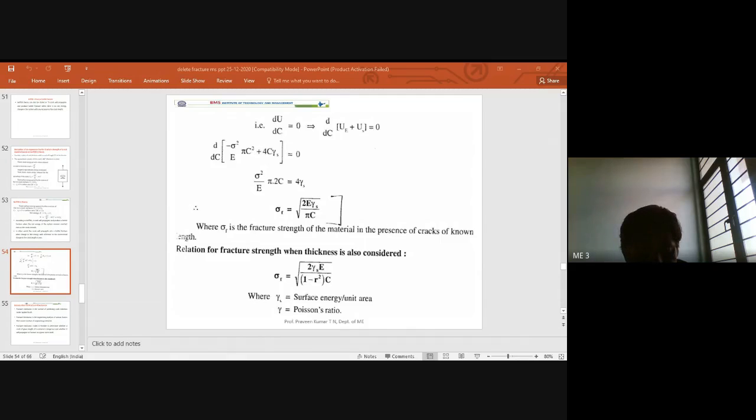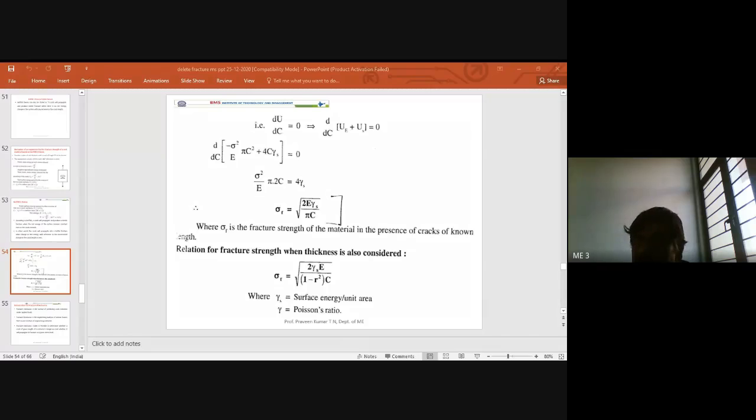Try to understand the basic concepts involved in fracture mechanics. One is surface energy, that is, how much energy is required to generate a new surface. Generating a new surface is nothing but the propagation of the crack. Another is strain energy: whatever load you apply during the tensile test is finally stored in the material.